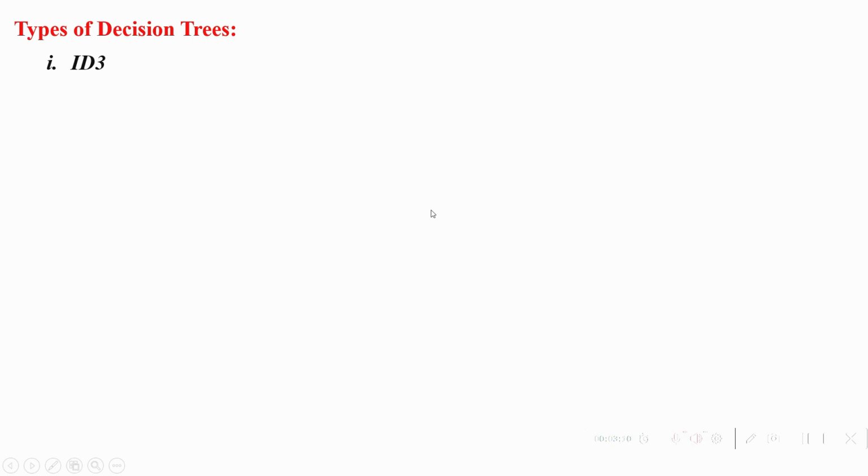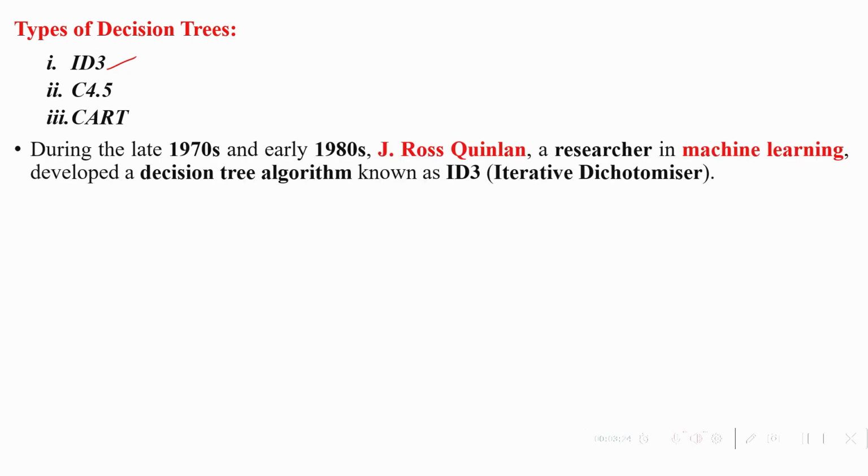Now, there are different types of decision tree algorithms. One is the ID3 algorithm, the second is the C4.5 algorithm, and the third is the CART algorithm. CART means Classification and Regression Tree algorithm. During the late 1970s and early 1980s, J. Ross Quinlan, a researcher in machine learning, developed a decision tree algorithm, also known as the ID3 algorithm.